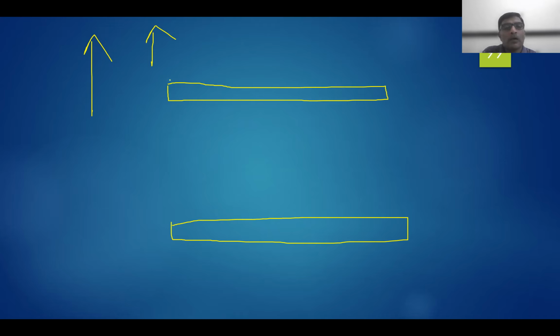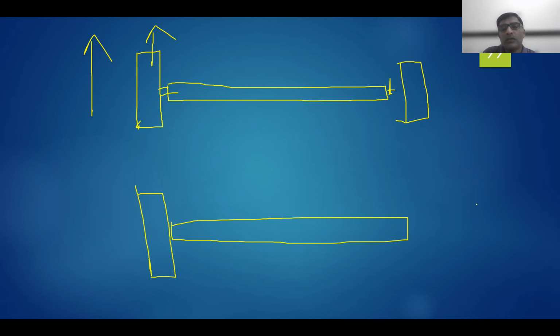So this is front axle. So here I will show one wheel. Again, two more wheels on the rear axle.